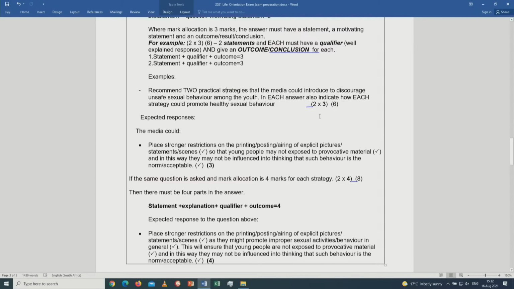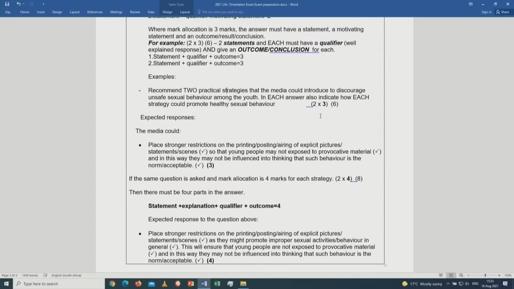Therefore, you will then have 6 marks in total. So the mistake that learners do there again, they do not give the 3 parts. You might find that in their response, they only have 2 statements and 1 qualifier. Then they get 3 marks. Or they have 1 statement and a qualifier and an outcome only. Then they only get 3 marks.